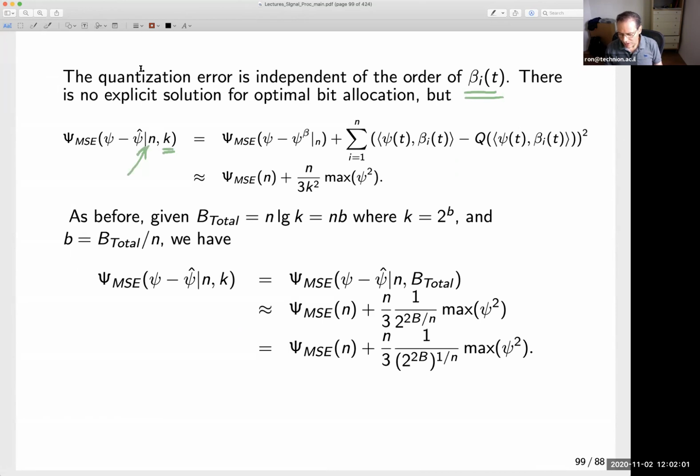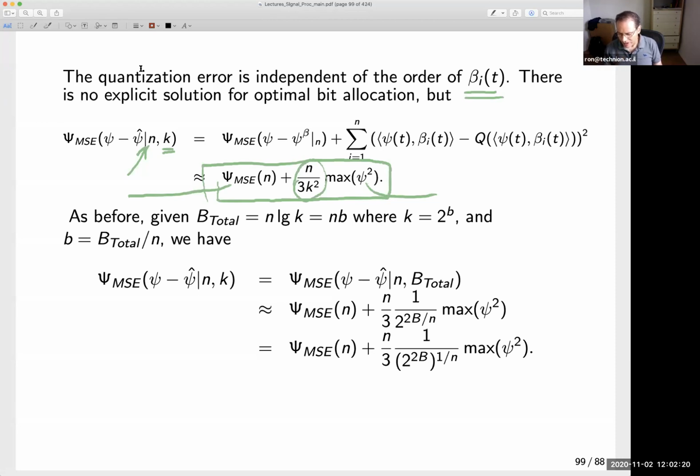It would look as the maximum squared of the value of psi, and I have this coefficient here, and here I have the MSE error of projecting my function onto the beta family.